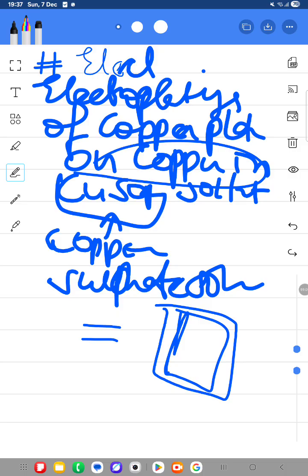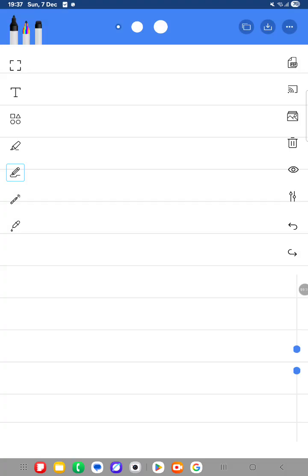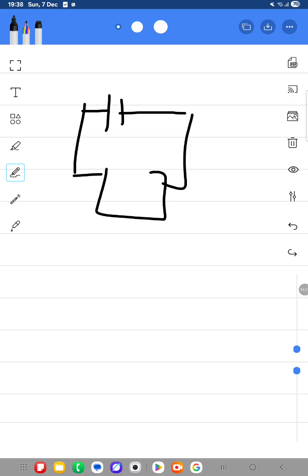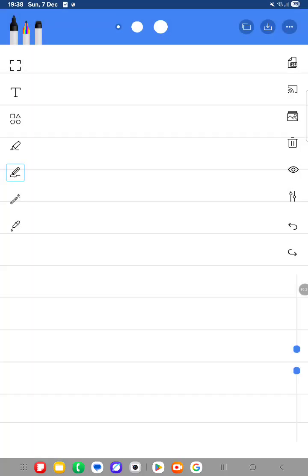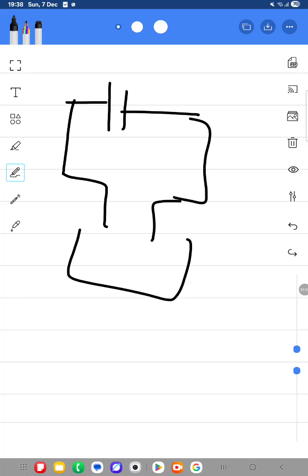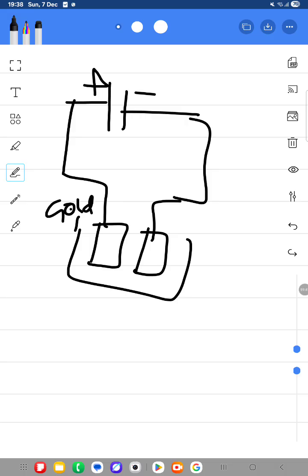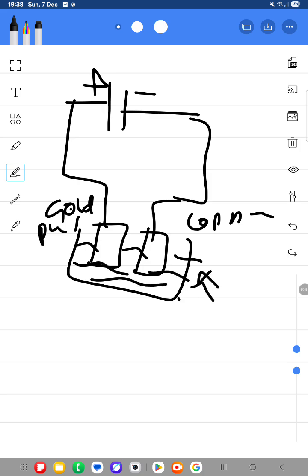Electroplating is done in a liquid. So for example, here is a cell. It is not the main experiment, I am explaining something else, another experiment. Here is a cell, the first one is a gold plate, and another one is a copper plate, in a conducting solution, which can be anything, we can take vinegar.